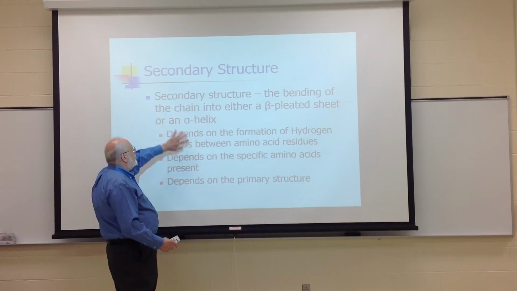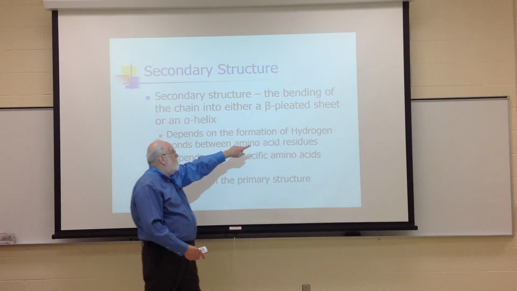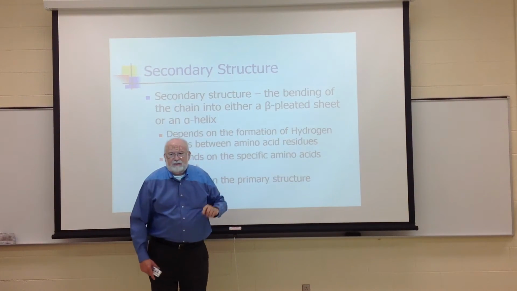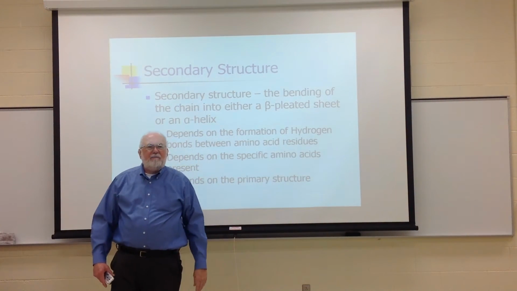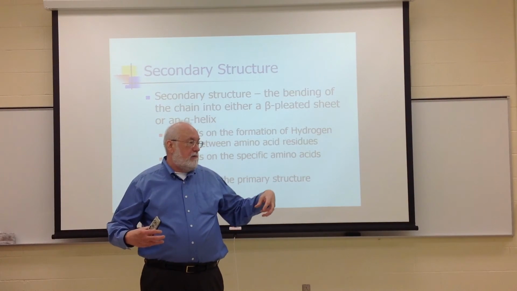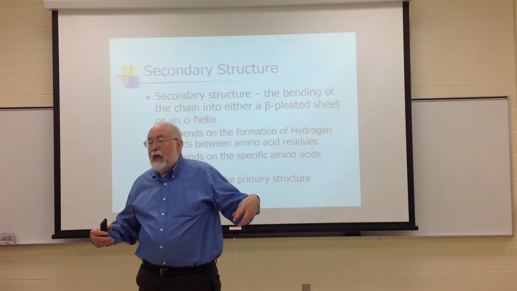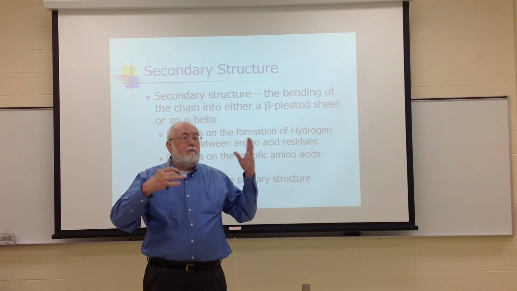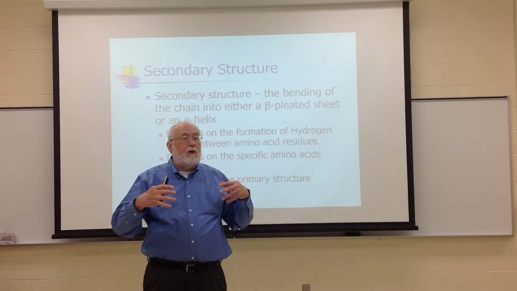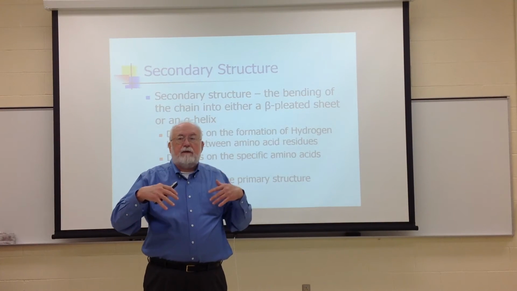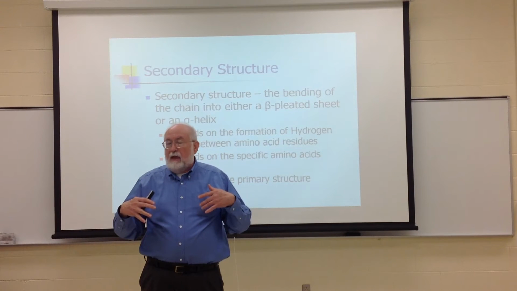Now what forms it? Something that will warm the cockles of your heart: hydrogen bonds. But this time, the hydrogen bonds are forming within that molecule. Because it's so big, it can start bending and folding on itself, and where the hydrogen bonds can form determines whether you get the pleated sheet or the helix.